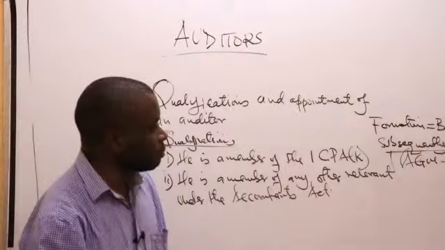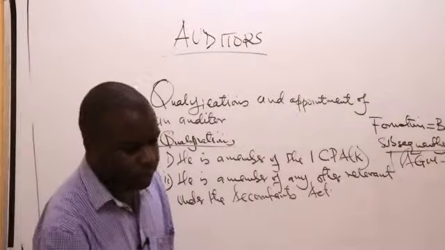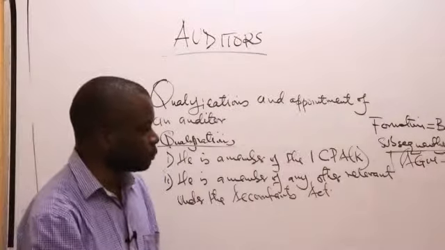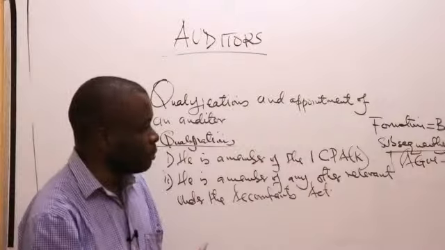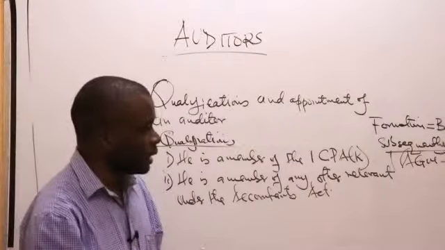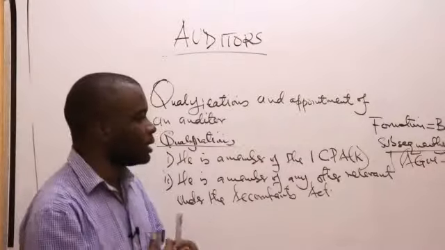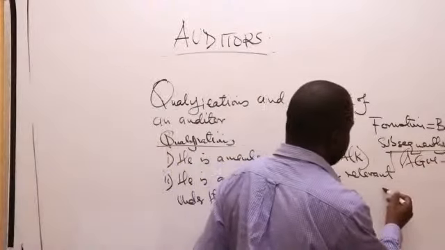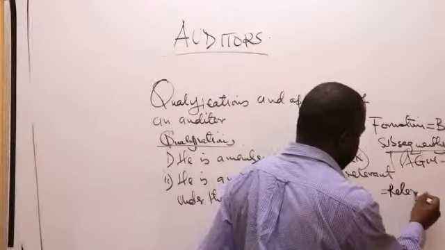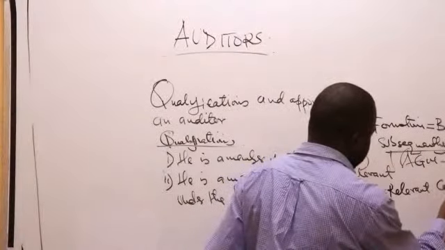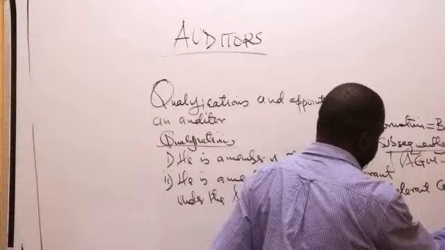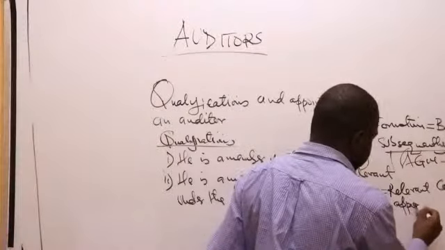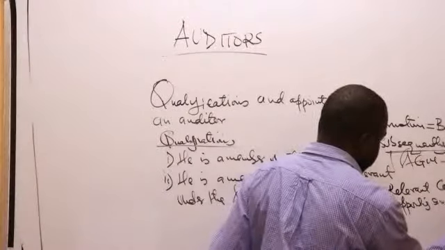For example, sometimes we could talk about a parastatal, or any company or corporate body that the government has an interest in. If that particular corporate body has failed to appoint an auditor, then sometimes you can have the relevant cabinet secretary appointing an auditor in such a case.